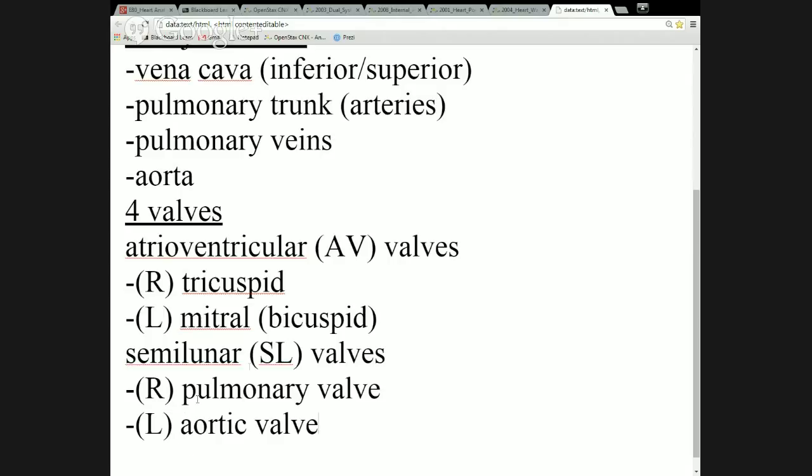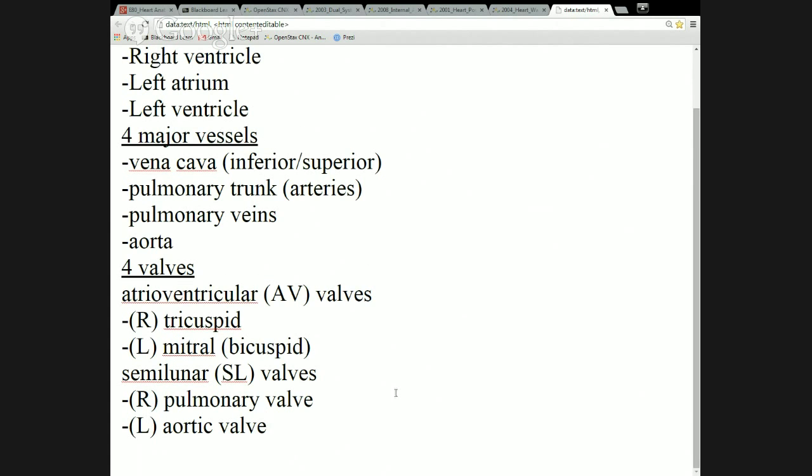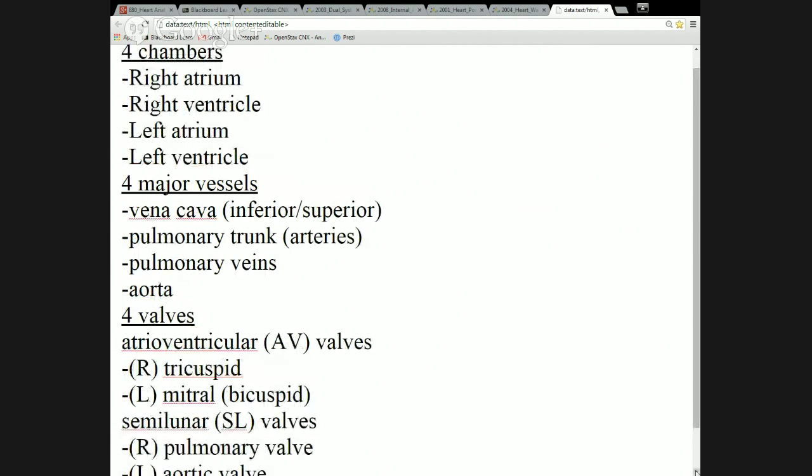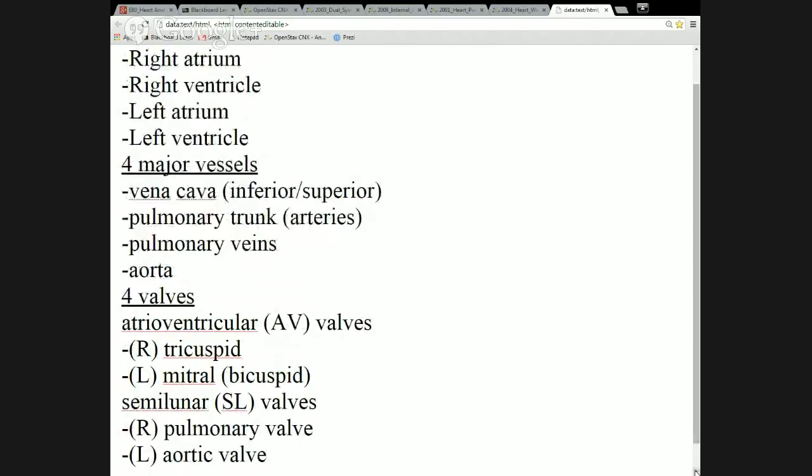Okay, so if we include all of this together, I've got everything on the same page. Cut off the title, four chambers, but deoxygenated blood returning from the body, coming from the vena cava, inferior and superior, goes into the right atrium. There's no valve between a vein and an atrium, so it just drains right into that.